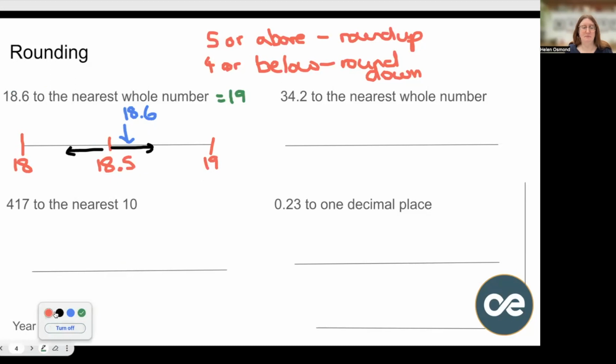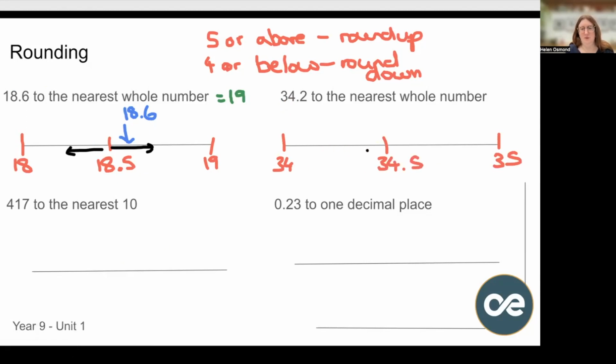We've got the same principle with the next one. Between 34 and the next whole number above, which would be 35, we're between these two values. And then in the middle, we would have 34.5. So this side would round down, this side would round up. And where we are is about here, 34.2.